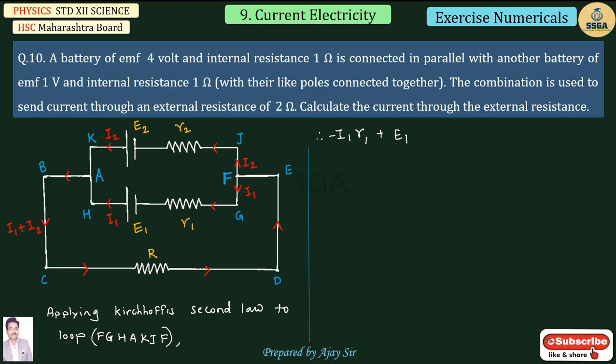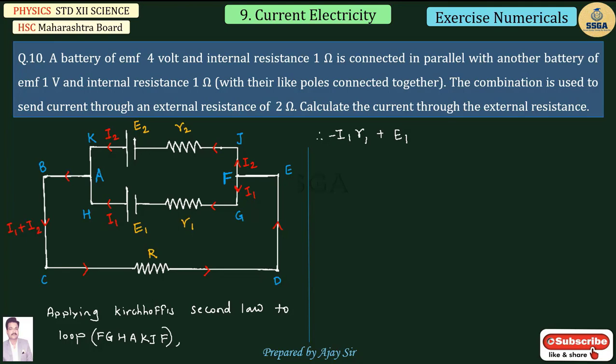Now the same current will flow to this arm. At this arm, the current is dividing into two parts. Here it is combining, and I1 plus I2 current will go, but at this arm the current direction is opposite to the tracing direction.